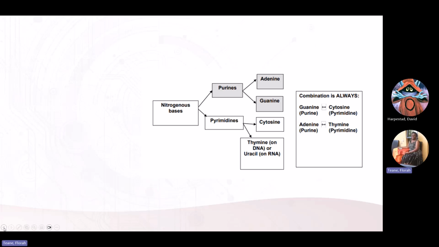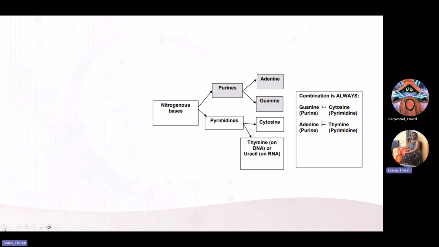Right from the beginning, I just want you to locate this: in both RNA and DNA, the purines are the same, meaning both of them have adenine and guanine.